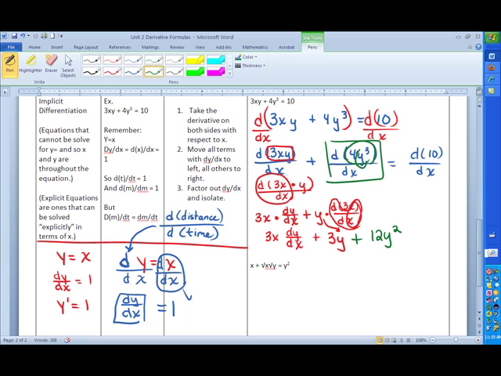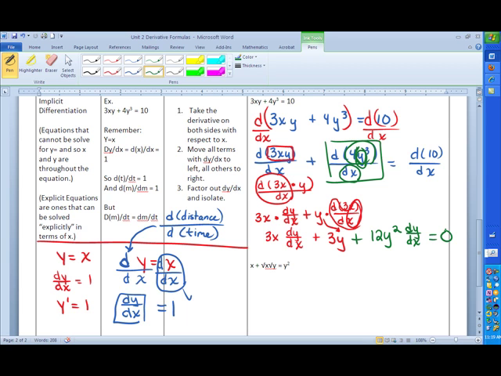But don't forget that we have dy dx, and we can't just get rid of that because dy dx does not equal 1. It's kind of like using the chain rule, that you have to treat this y as a variable that you have to make sure in the end that you took the derivative of it. So that's the dy dx. And over on the right side, the derivative of 10 with respect to x is 0.